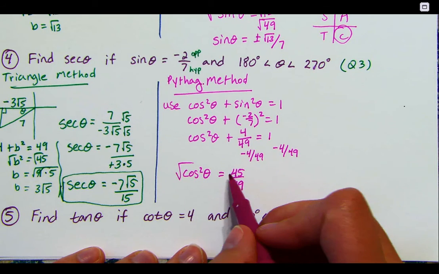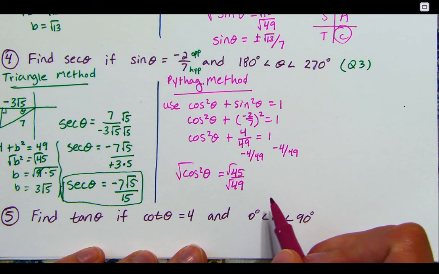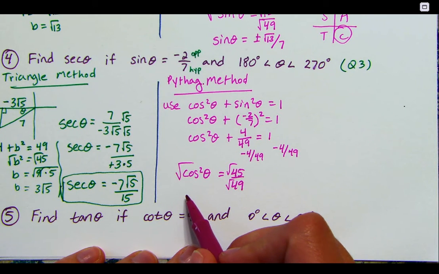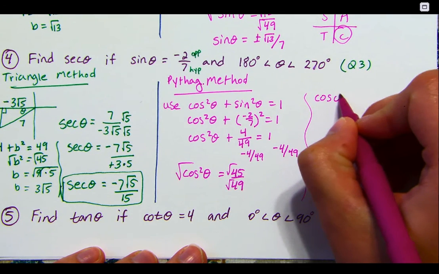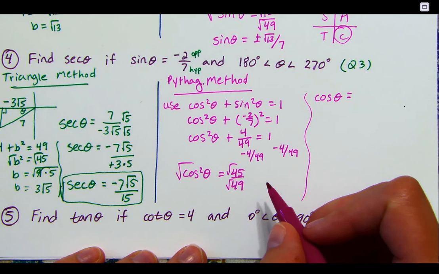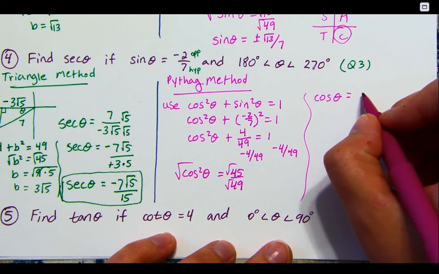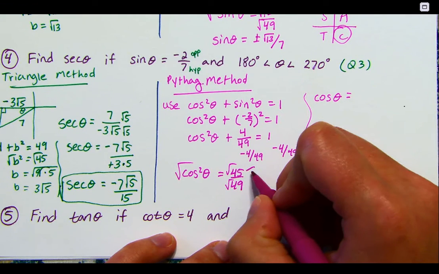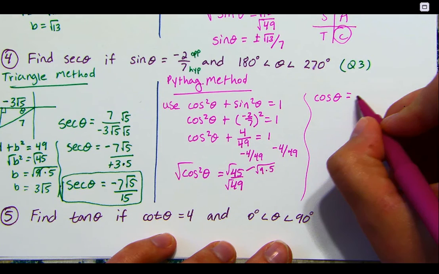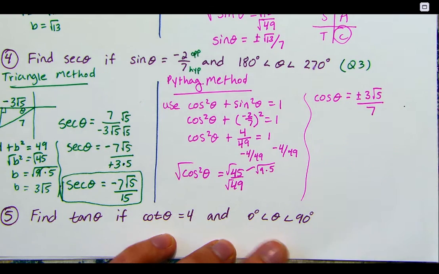Okay. And then we're just taking the square root of both sides. So this will be cosine theta equals, and then let's see, if I split this, it's going to be the square root of, so again, 9 times 5, so plus minus 3 square root of 5 over 7.